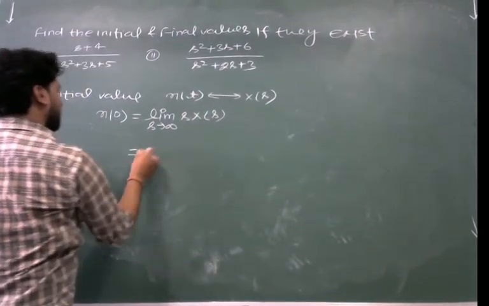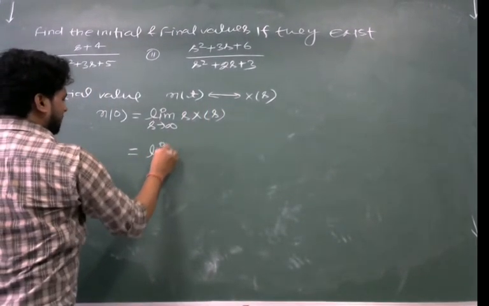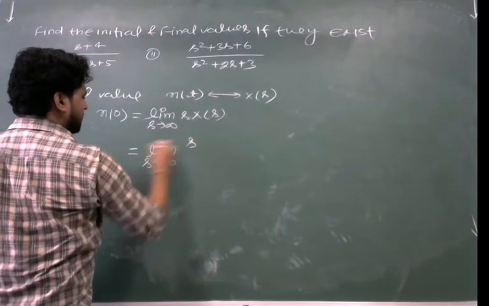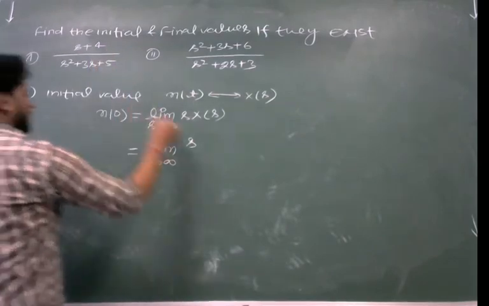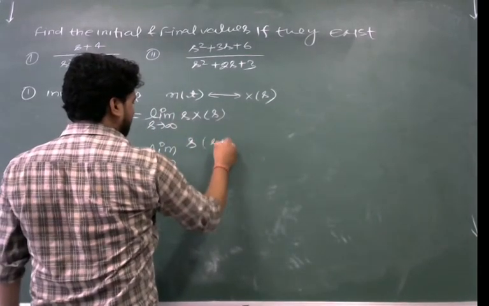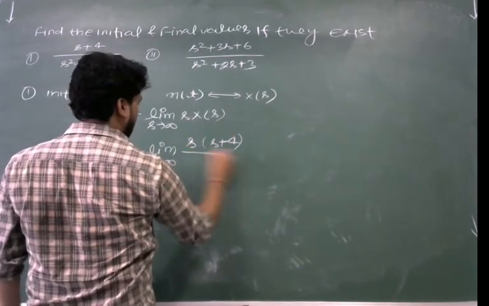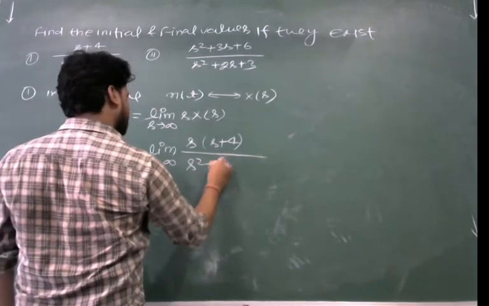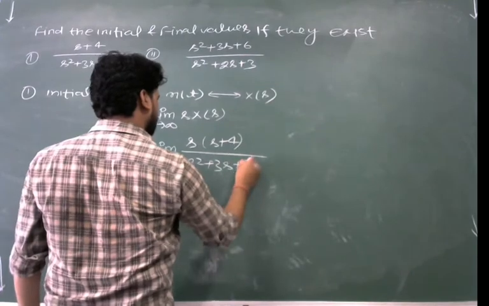So the initial value will be limit s tends to infinite s times x of s, given as s into s plus 4 upon s square plus 3s plus 5.